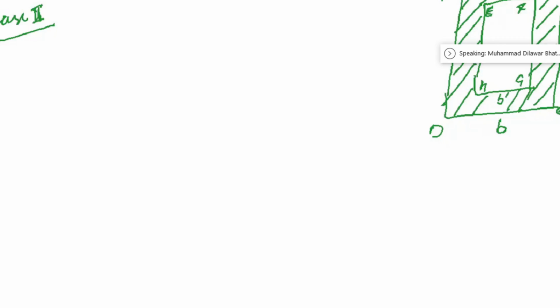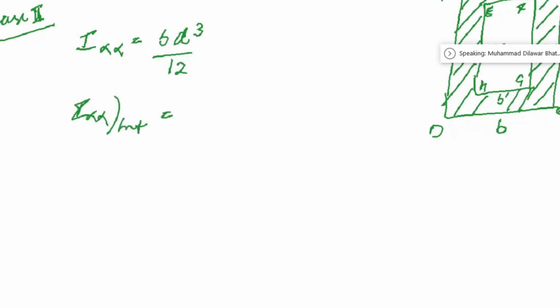Simply, you have to deduct the internal moment of inertia from the external moment of inertia. As from the previous example, we can easily say the external moment of inertia about x-axis will be simply equal to bd cube by 12, right? And the internal one, Ixx internal, will be equal to b dash d dash cube by 12, right?